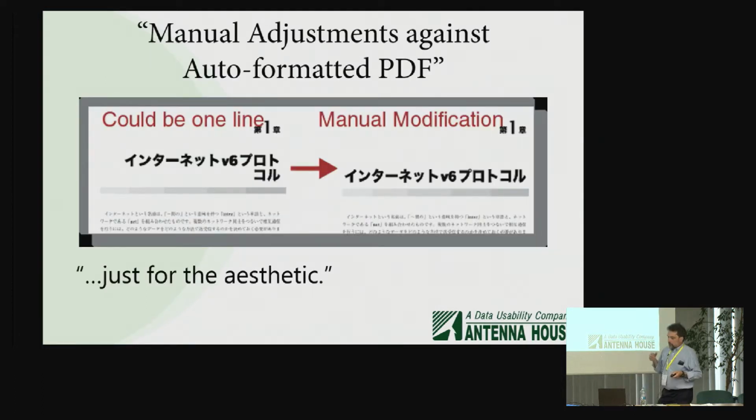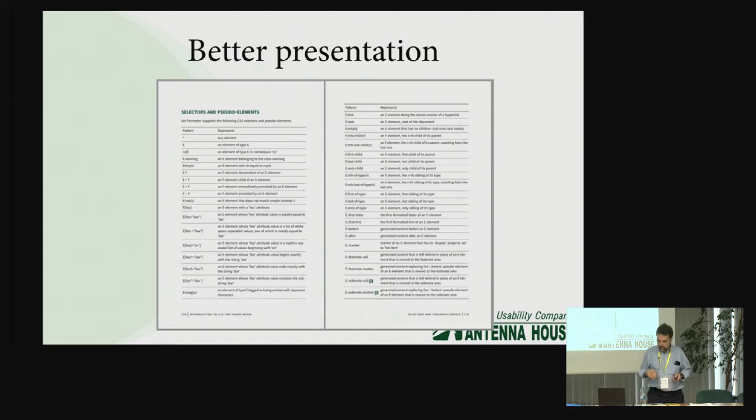Examples of copy fitting for aesthetics. This was from a tech document that was provided to Antenna House Japan, manually fixing the line break so that it says Internet Protocol version 6 on one line instead of having a bad break. If you picked up a copy of this, the appendix lists all of the Antenna House CSS selectors.